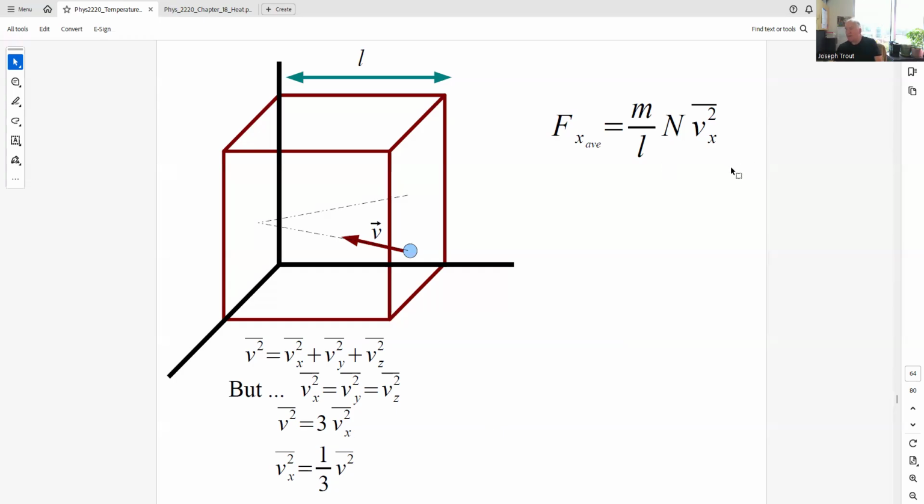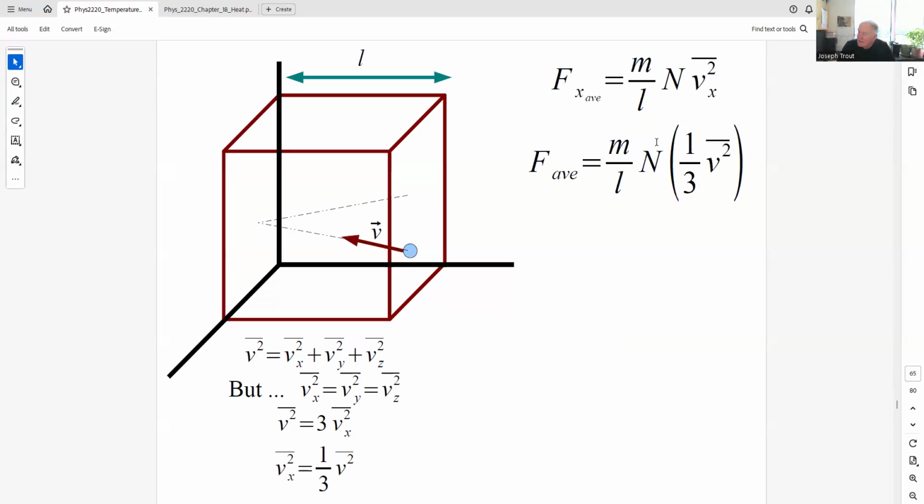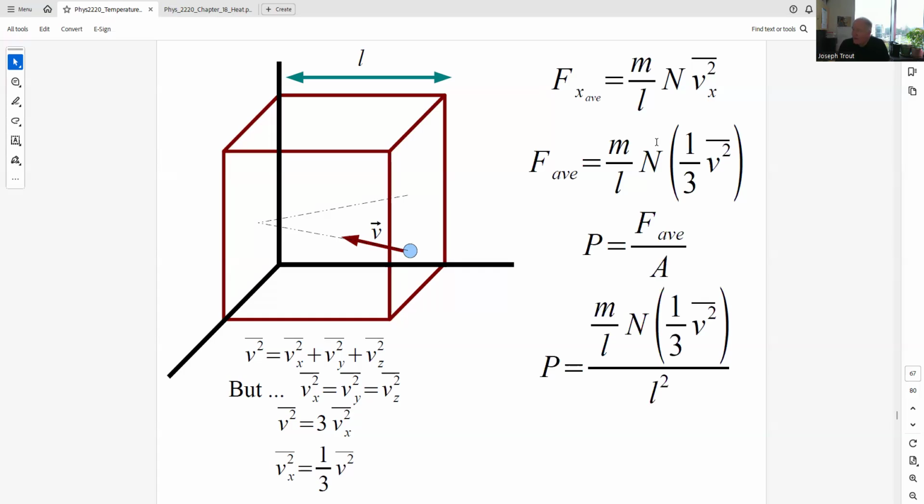So we're almost finished. We have the force is equal to the mass over the length. This is the mass of the molecule times n times 1/3 the velocity squared. Let's go ahead and find the pressure. The pressure is equal to the force over the area, and the area will just be L squared.